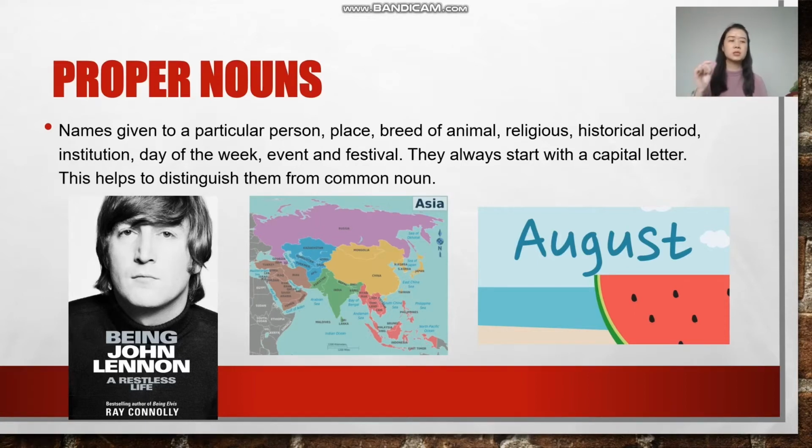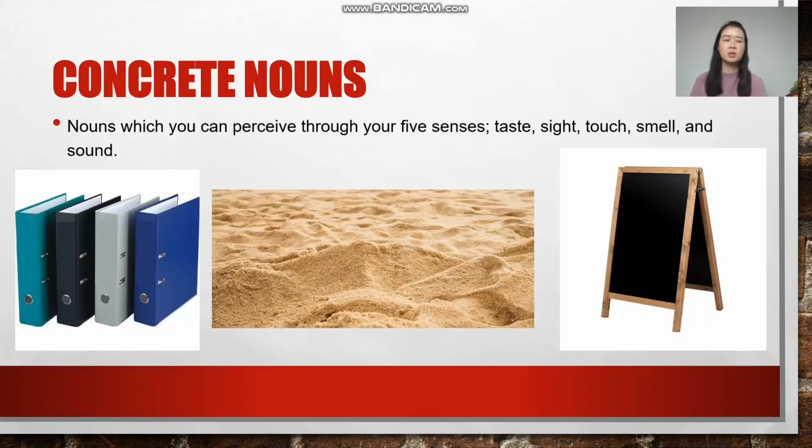So August is the proper noun, while the common noun is month. So I think you now see the difference between common and proper nouns. That is the first way to differentiate two types of nouns. Let's move on to the third one.